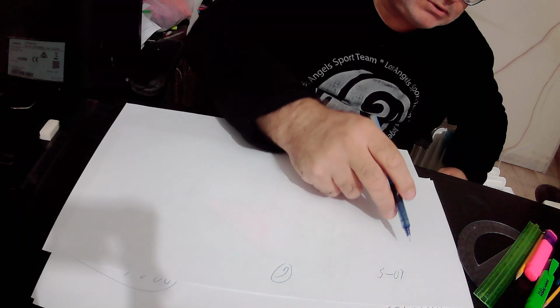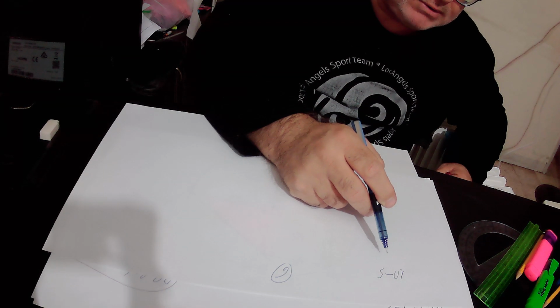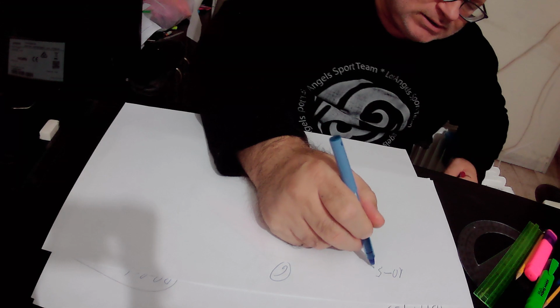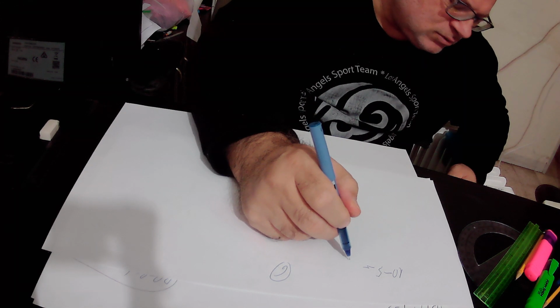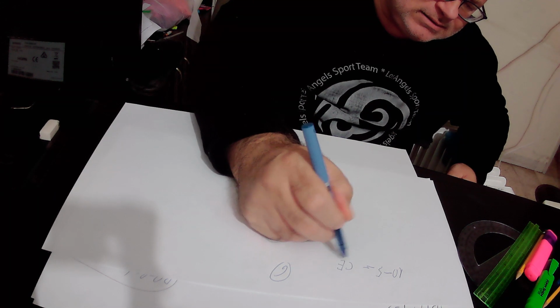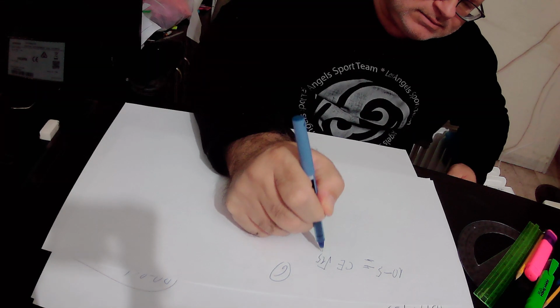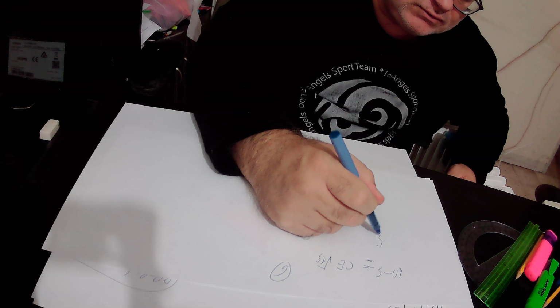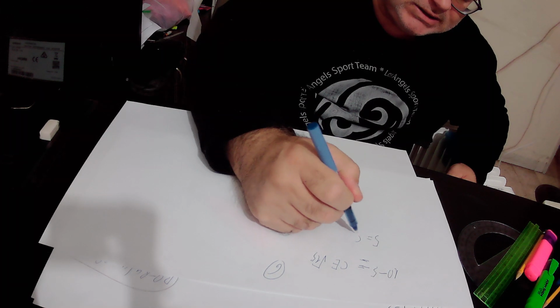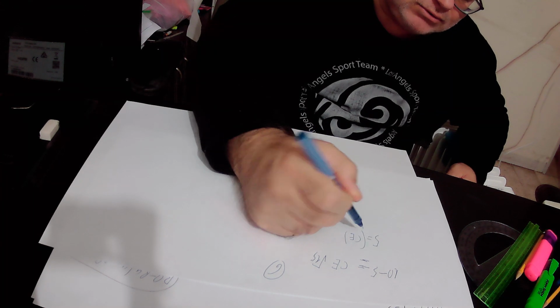In conclusion, I found out that A squared minus B squared equals 10 minus 5, and it equals CE times square root of 15. 10 minus 5 is 5, so 5 equals CE times square root of 15.